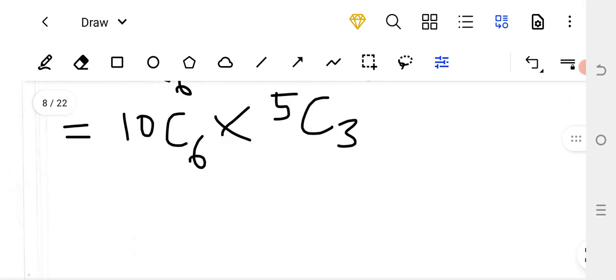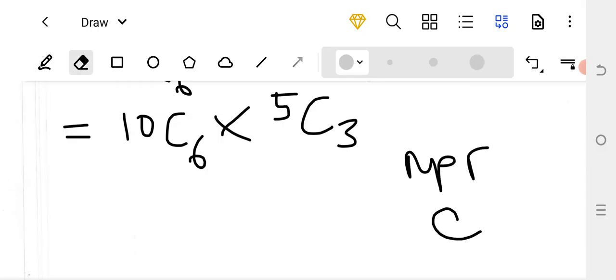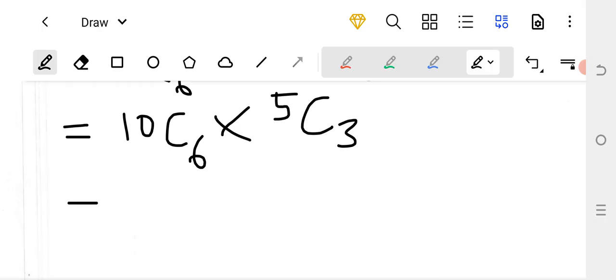Combination on your calculator is that part that is nPr. If you press it, you're going to see capital letter C. This means combination. So 10 combination 6 is 210, multiplied by 5 combination 3, which is 10.